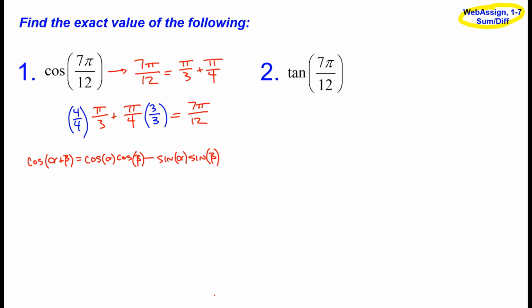So I'm going to identify pi over 3 here as my angle alpha, and pi over 4 will be my angle beta. And see if you can follow along.